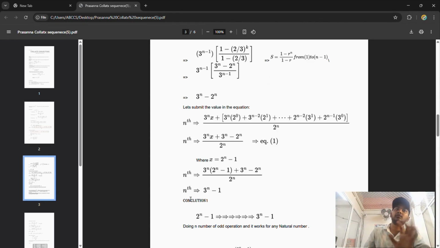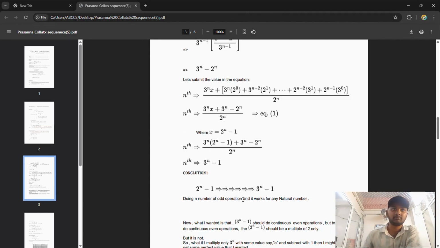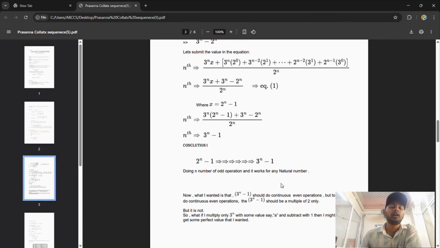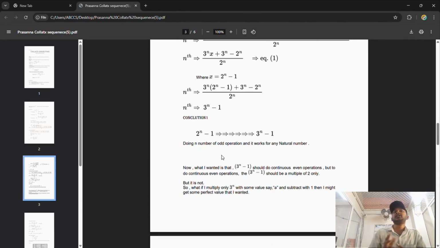So this is conclusion 1. This is the first sequence I found a long time ago, like 6 or 8 months ago. It works for any natural number, doing n odd operations. Now what I wanted is for 3 to the power of n minus 1 to do continuous even operations.